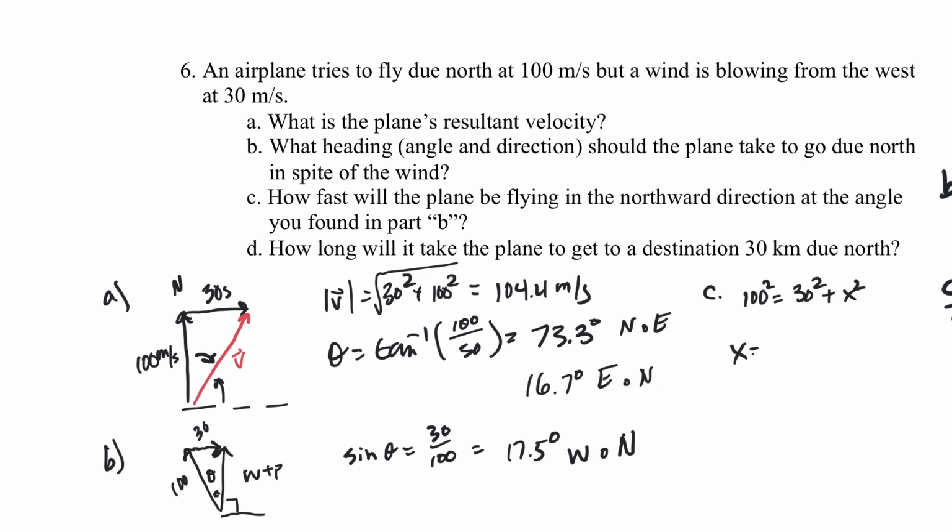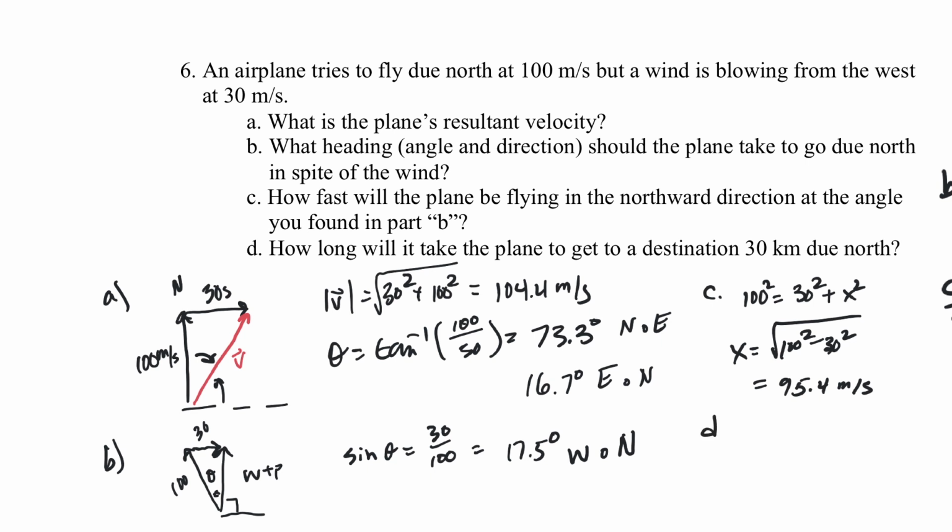So we're going to get x being equal to the square root of 100 squared minus 30 squared, which is like 95.4 meters per second. Okay, any questions about that?